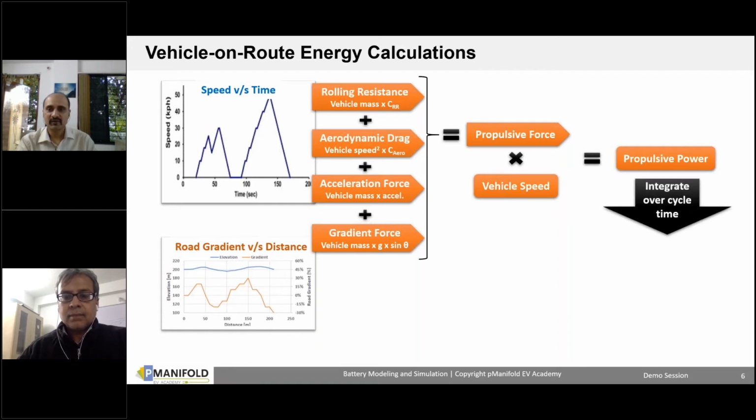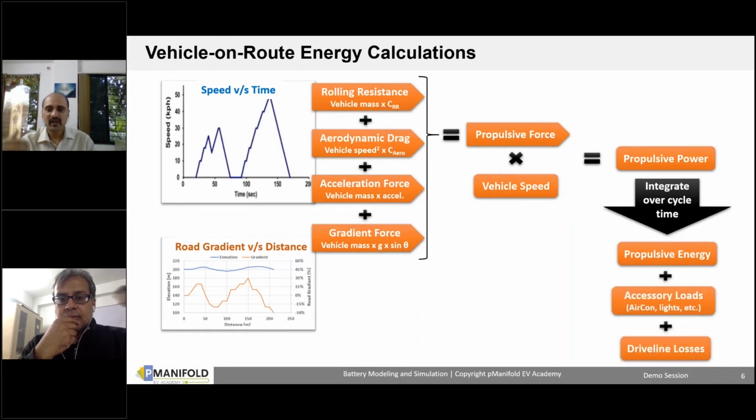And power is nothing but energy per unit time. If you integrate it over the cycle time, what you get is the propulsive energy at the wheel. So this is the energy at the wheel required to move the vehicle. In addition to that, we would have accessory loads, as Rahul was talking about in the previous slide, such as air conditioning in the case of buses, trucks and cars.